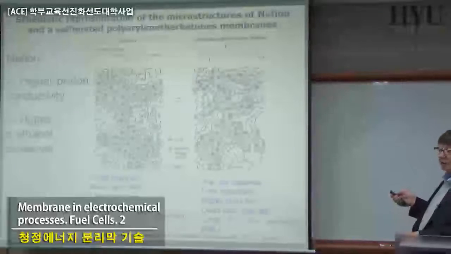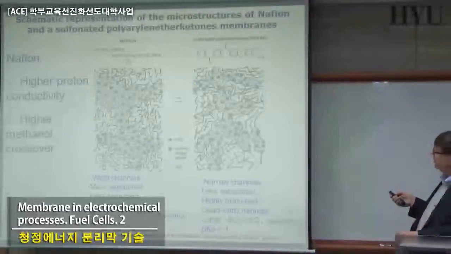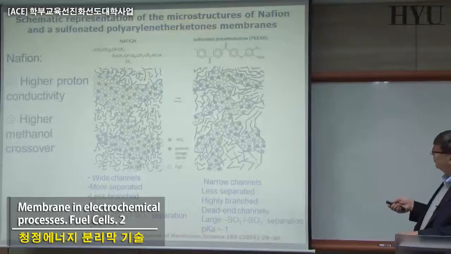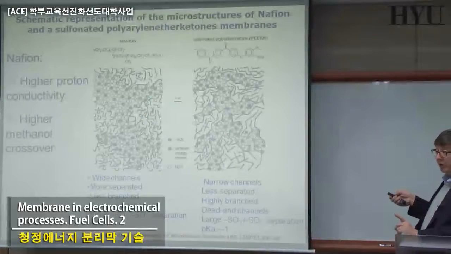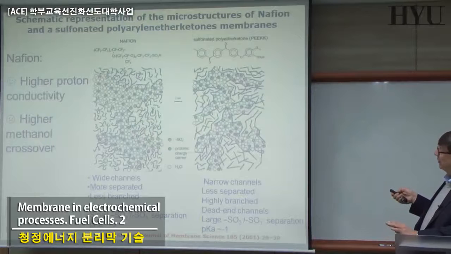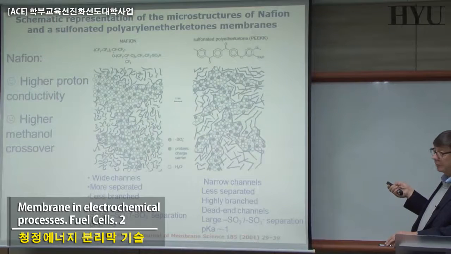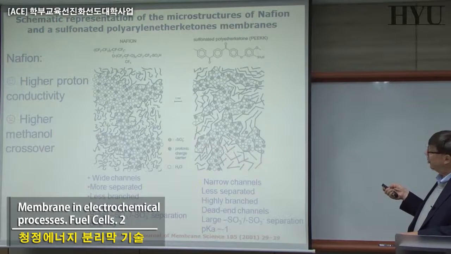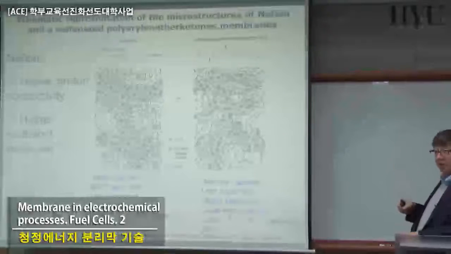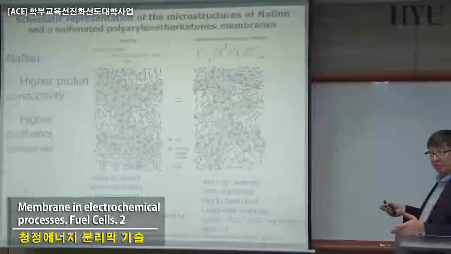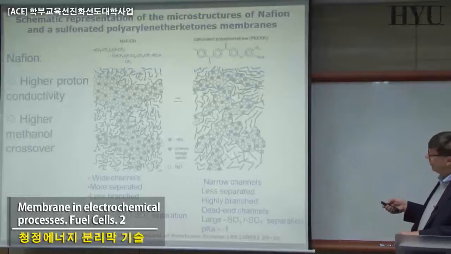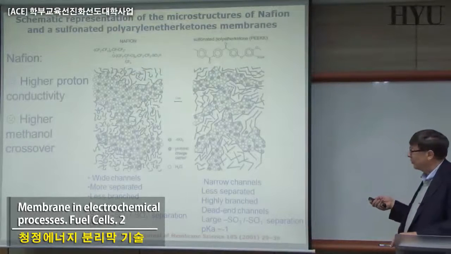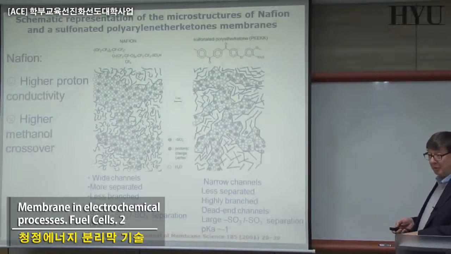This is a non-fluorinated polymer, the polyether ether ketone I was mentioning, PEEK. As you can see here, PEEK normally has no sulfonic group. If you make the sulfonation, that is at the origin of the production of H+, and so you have proton conductivity, and you can have a high level of sulfonation to the point that you can compete with that of Nafion.